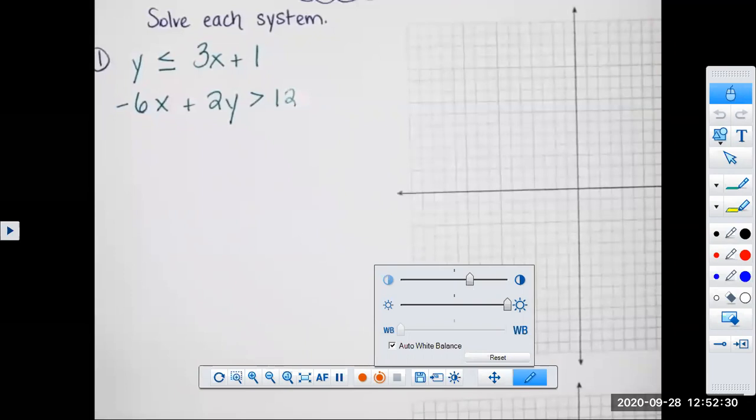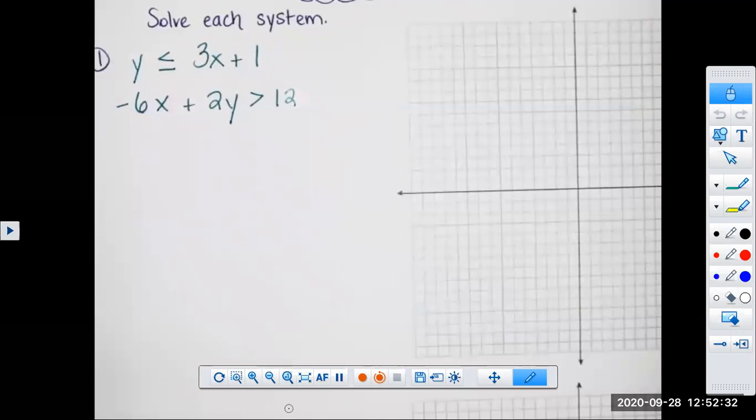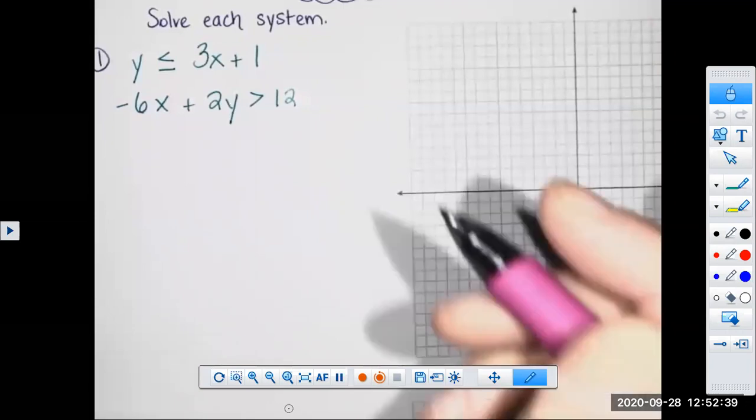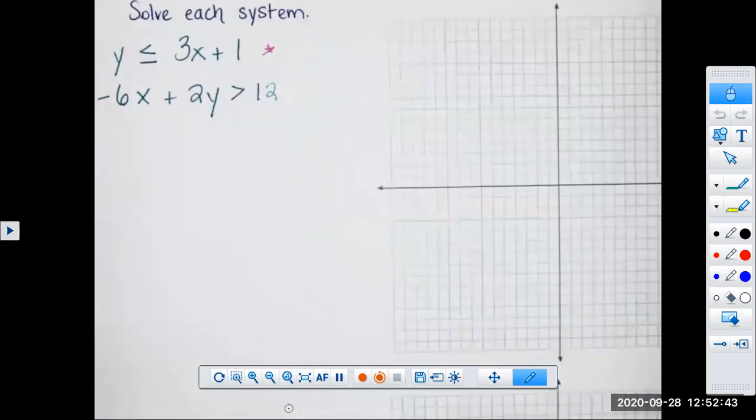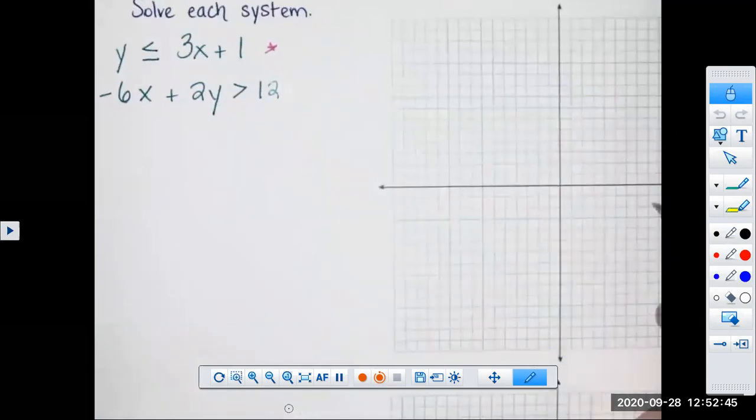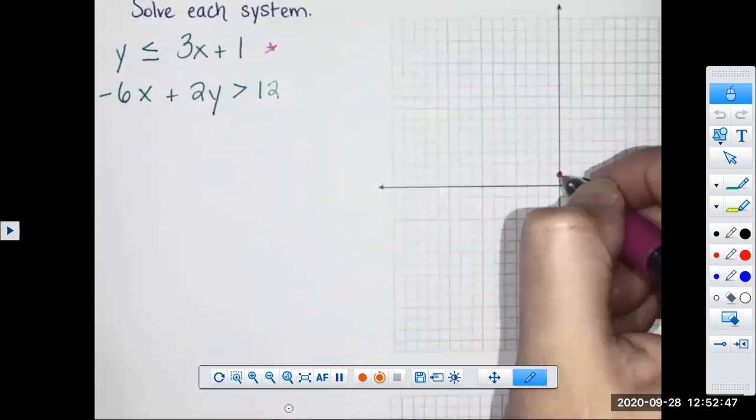Okay, let's focus on the first one. How would you graph that top one? Good. I'm going to put a point at 1 on the y-axis.